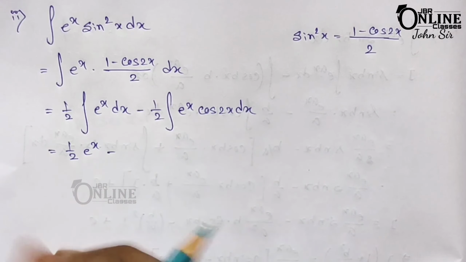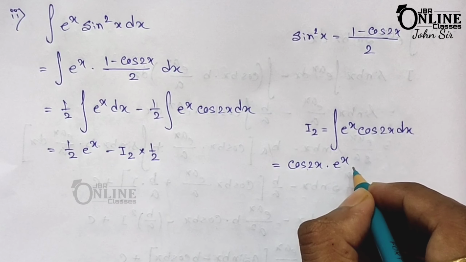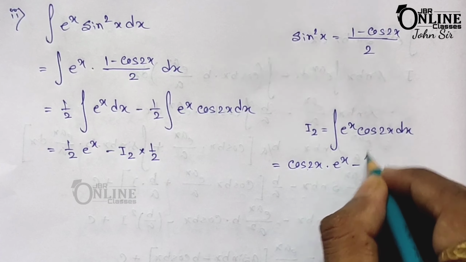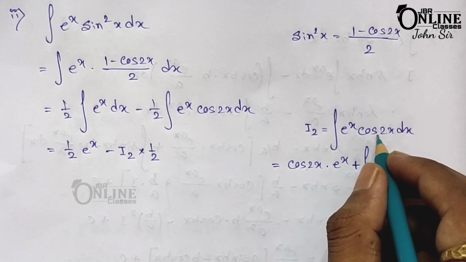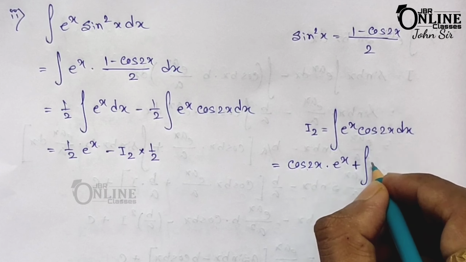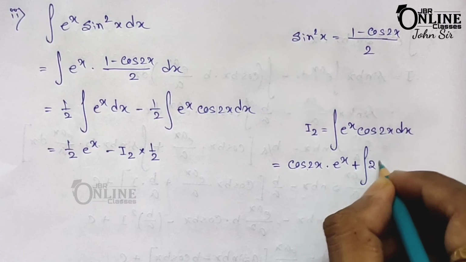So now first write down cos 2x, then integration e to the power x, it will be e to the power x, minus integration of d/dx of cos 2x, that equals minus sin 2x into 2. So it will be 2 sin 2x and then e to the power x dx.